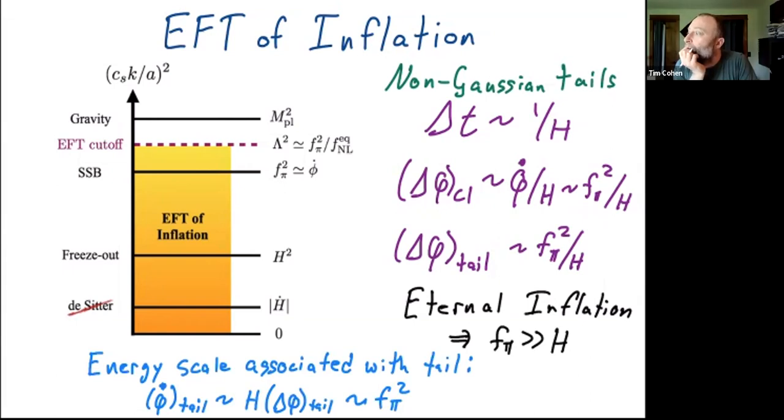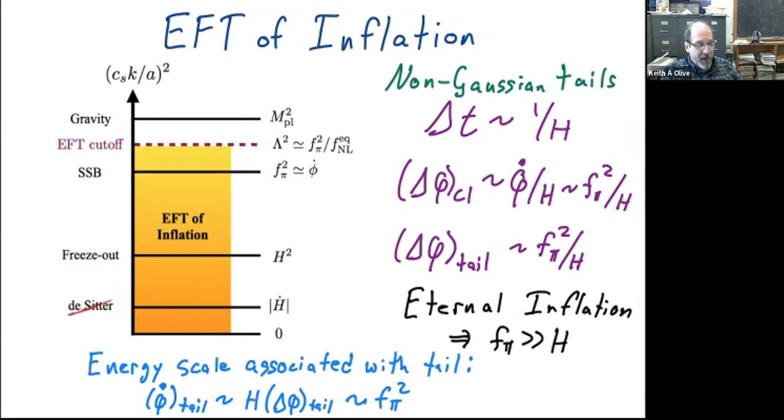That's a good question. Where did the initial conditions come in? I think f_pi is something like the square root of H over phi.